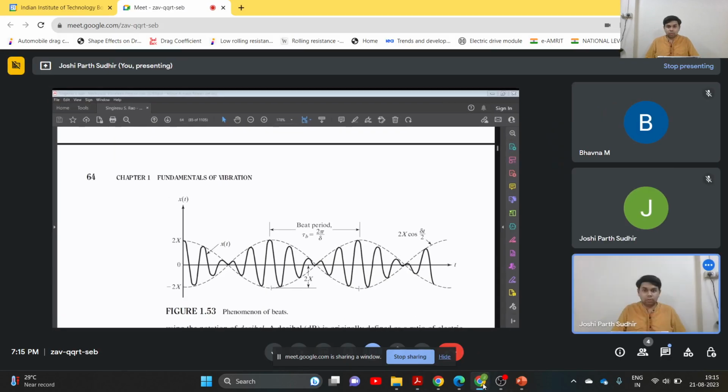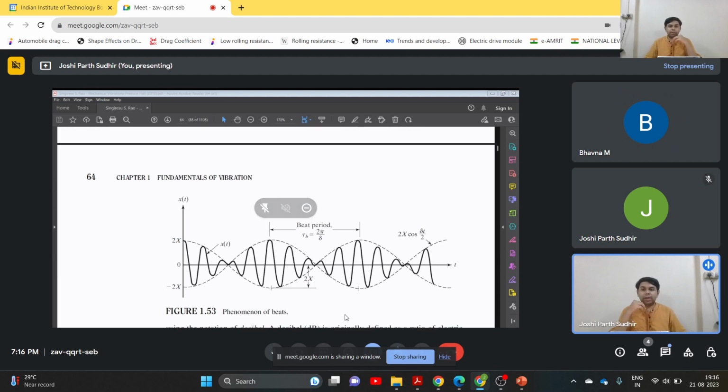So are you able to see this figure over here? Yes, sir. This is the figure which explains the phenomenon of beats. There are two sine waves which are interacting, and their amplitudes are equal.